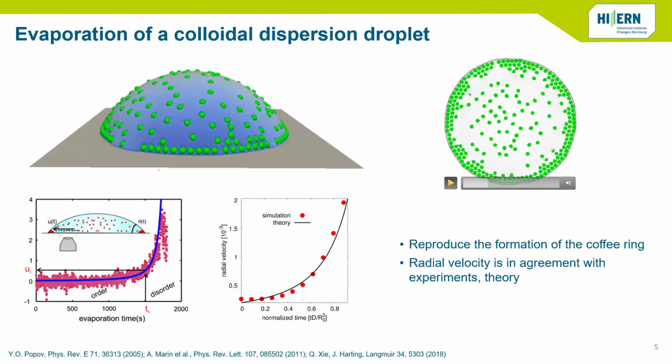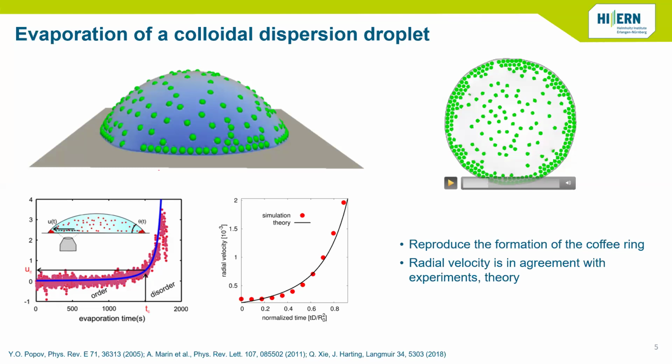And one experimental group in Twente did a nice experiment. They used a camera to observe the particle motion, and they found the experimental results agree very well with the theoretical prediction.